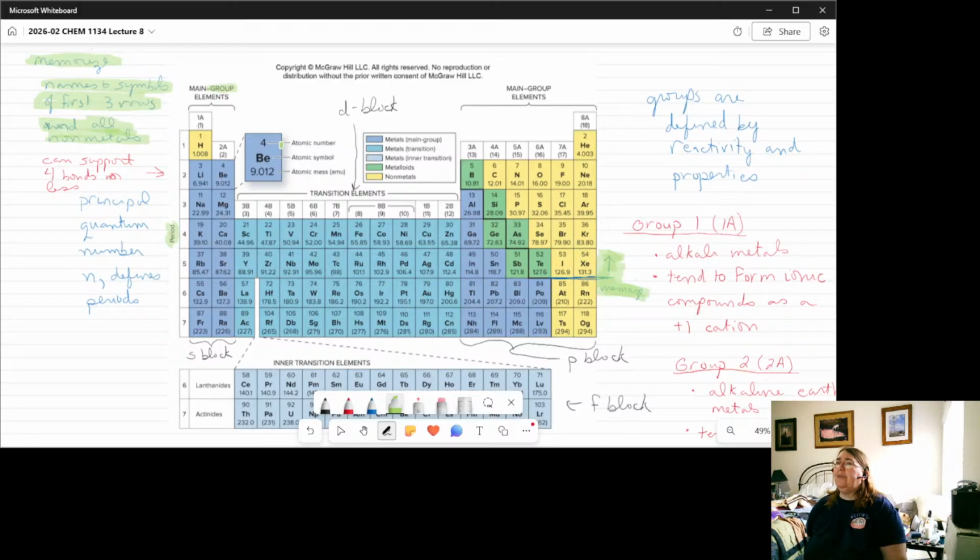But using this blue line as your cutoff line, know the names and symbols of the first 3 rows and all the nonmetals above the cutoff.